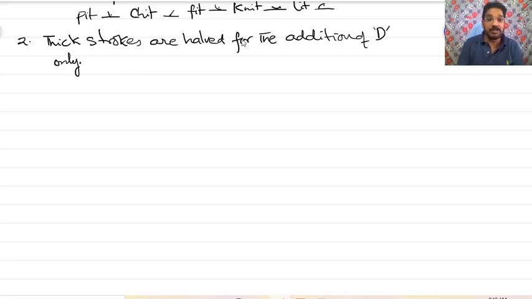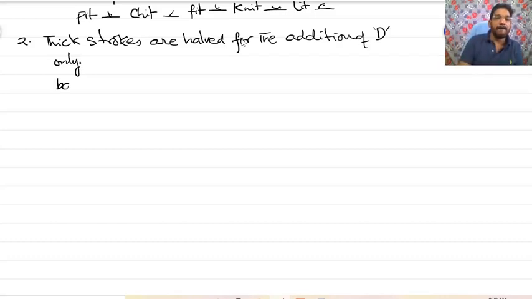Under what circumstances are we writing this? When the word forms with a single syllable, right? Under the umbrella of when the word forms with a single syllable, thick strokes are halved for the addition of D only.